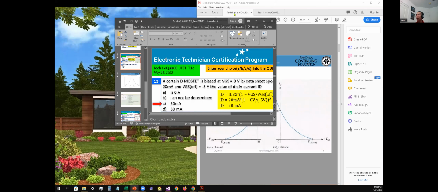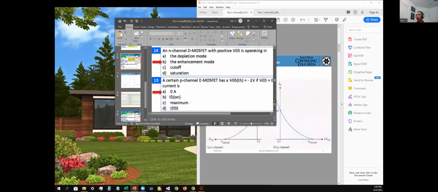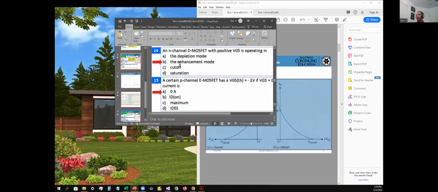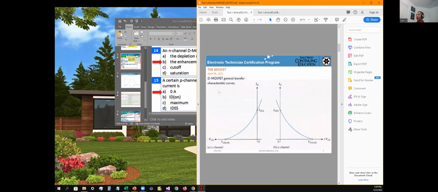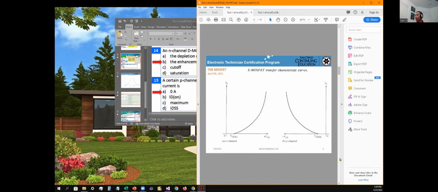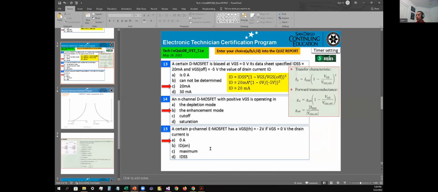So it's supposed to be opposite, working in the P channel. VGS off is positive here, so this is the P channel for the D MOSFET. This represents your enhancement operation, the opposite. So the answer is B, as in Bob, for number 14.